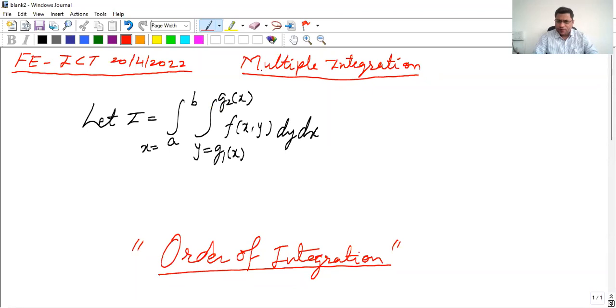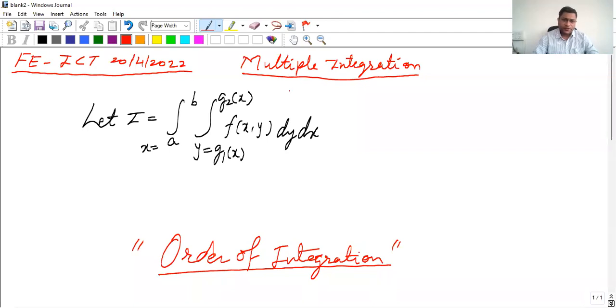Then what is it? Remember this: the order of the integration is the priority of variables, which will be integrated first and which will be integrated later.